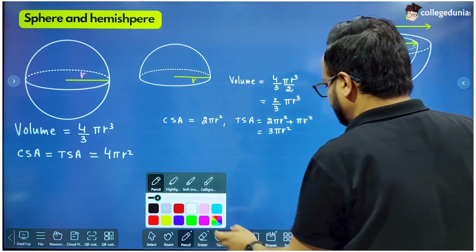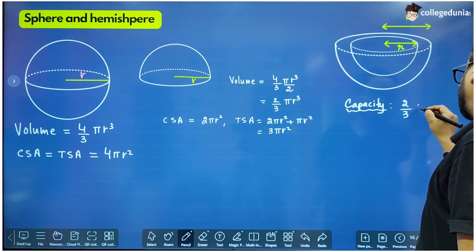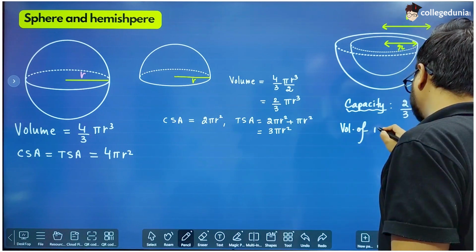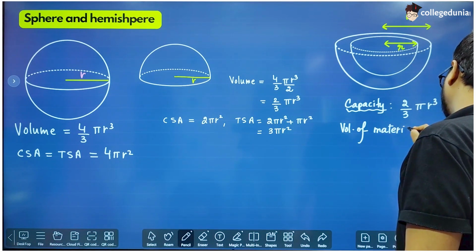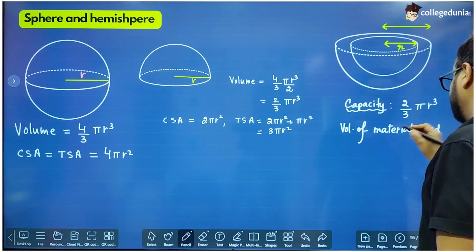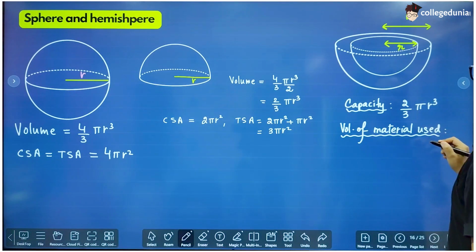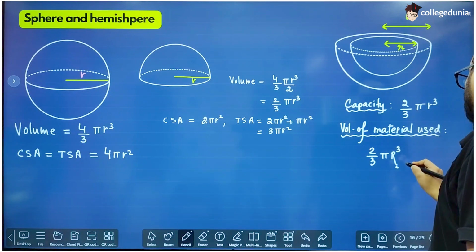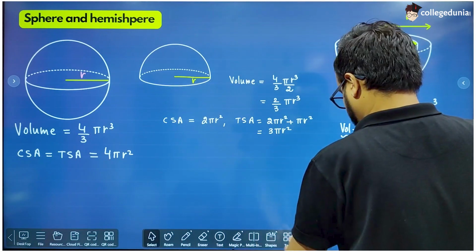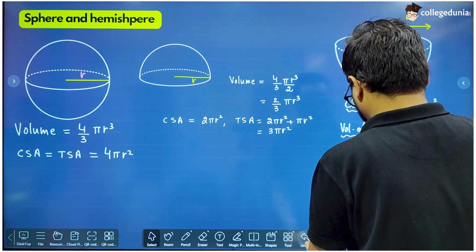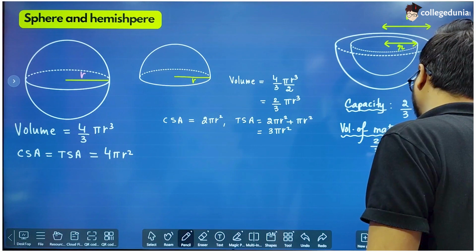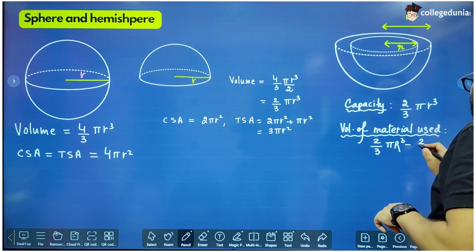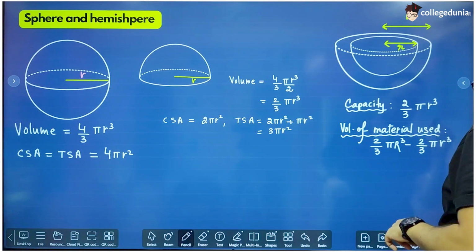So capacity is the inner volume, that is 2 by 3 pi small r cube, and volume of material used in making this hemispherical bowl is obviously the outer volume 2 by 3 pi R cube minus, subtract the inner volume, 2 by 3 pi small r cube.